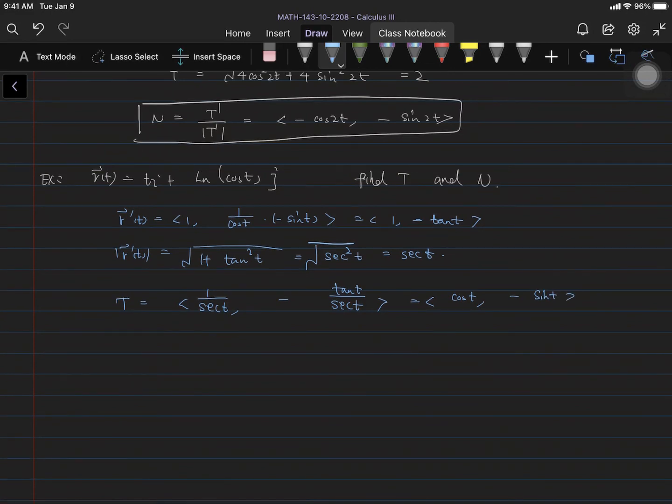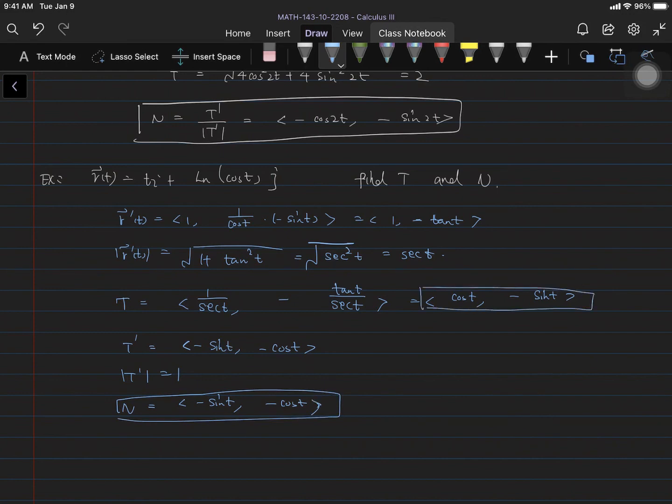Right, and next we take the T prime. T prime should be negative sine, positive cosine, and the T prime length is 1, so N equals just this: negative sine t, negative cosine t. So this is the N vector, the unit normal vector, and that is the tangent vector.